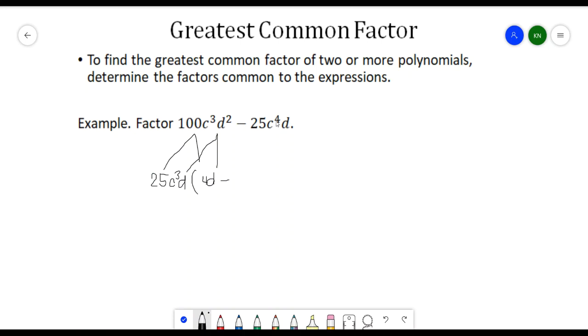If you divide c to the 4th by c cubed, we have only c, because c cubed times c gives c to the 4th. And d divided by d is 1, so there's no need to write d. Basically, this is already our final answer, the factor of our expression.